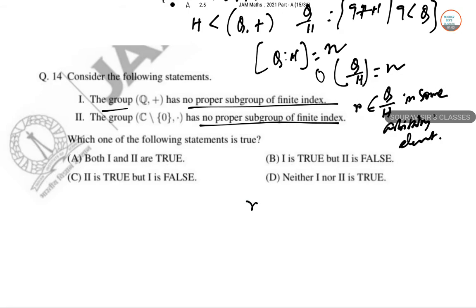Now r equals q plus H for some q belonging to Q.